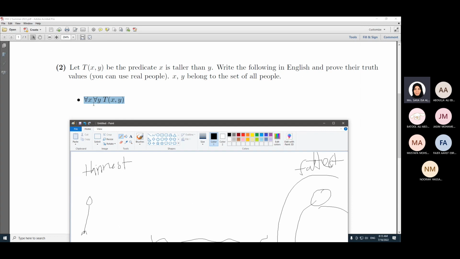There are many counterexamples, but never give me specific people like Ahmed or Ali, because I don't know them. So you can think about the opposite, the fattest case. If I assume that X is thinner than Y, then for sure Y is not thinner than X. That will also be a counterexample.